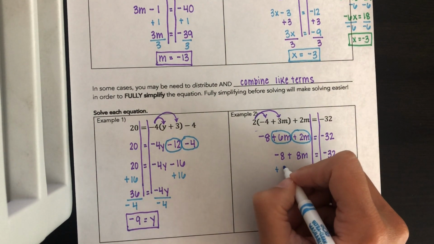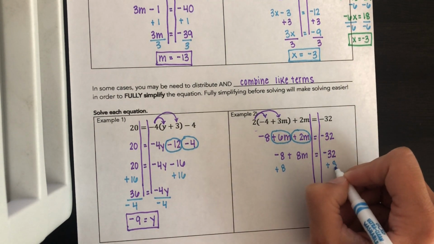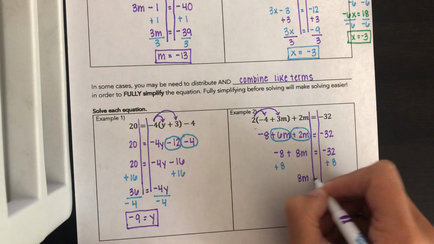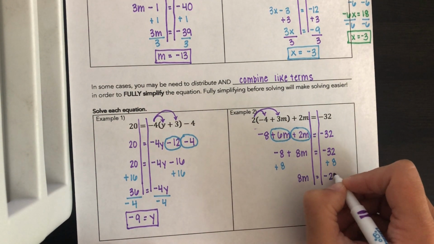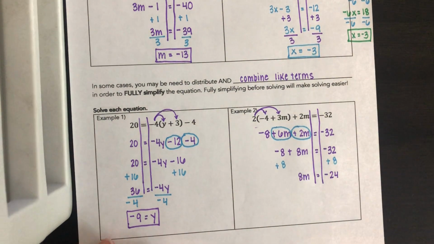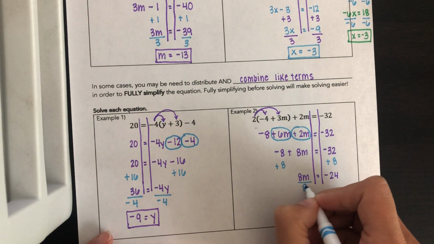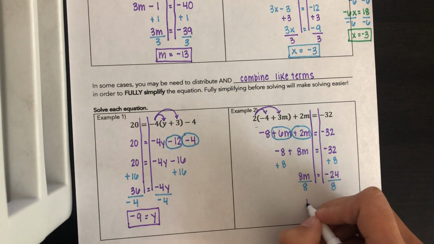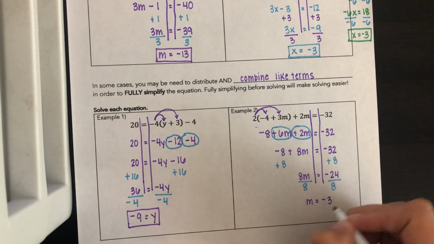So we're going to add 8 to both sides of our equation. And our new equation would be 8m is equal to -24. We're going to undo multiplying by 8 by dividing both sides by 8. And my solution would be m is equal to -3.